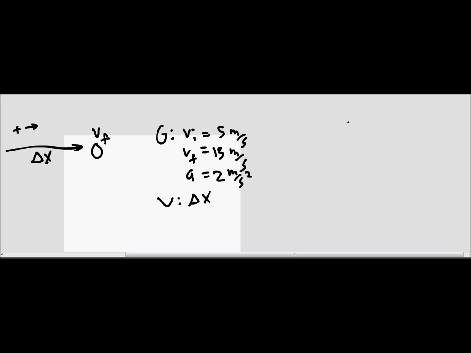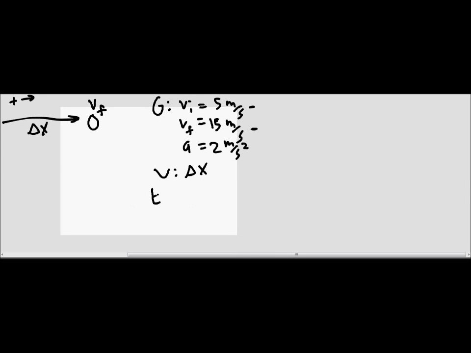And in order to do that, we'd have to find the amount of time that it takes for the object to accelerate from this velocity to this velocity. Find that time and then plug that into the equation that we used for the last problem. Instead, we can just use one equation, which is velocity final squared is equal to the initial velocity squared plus 2 times the acceleration times the change in x.